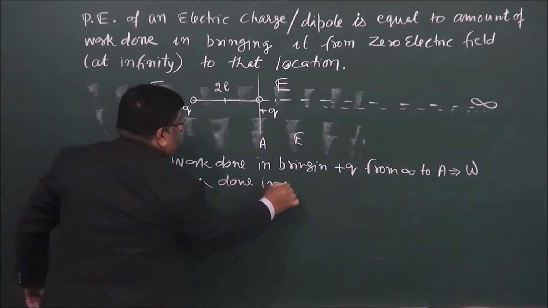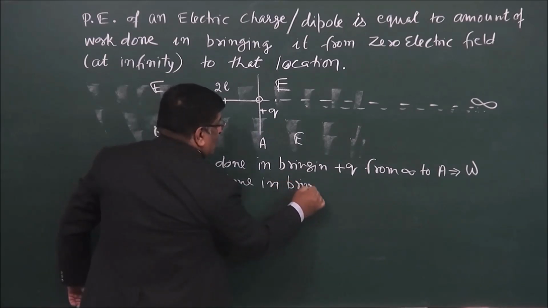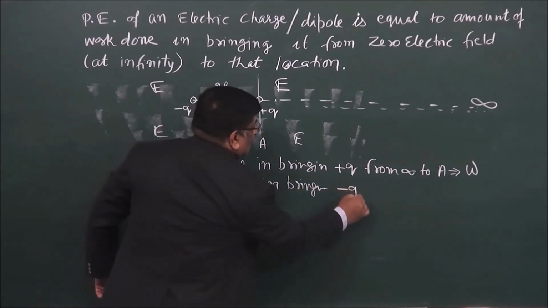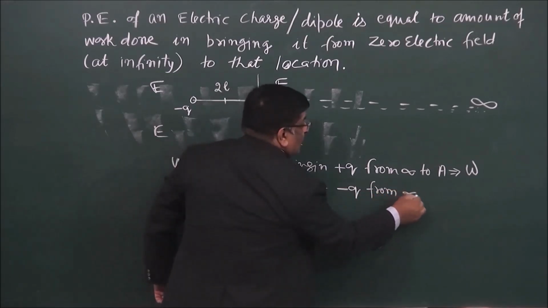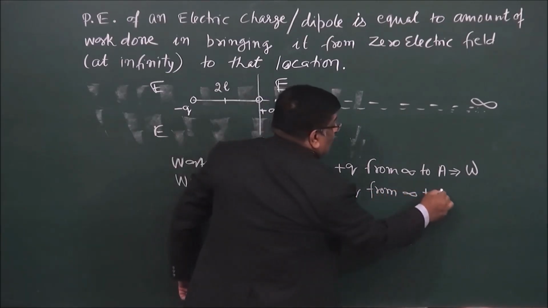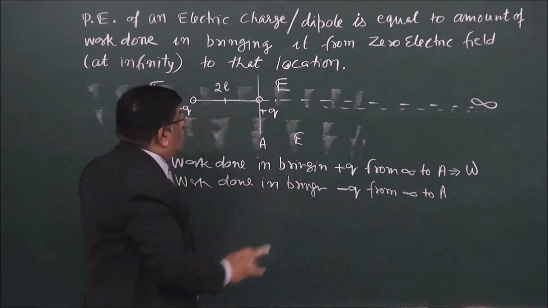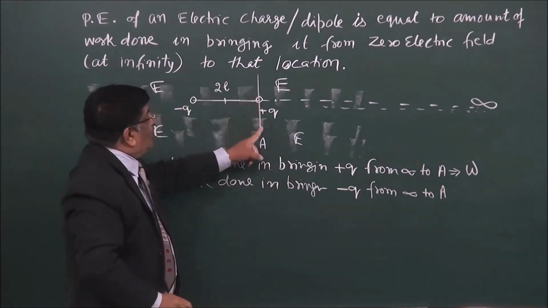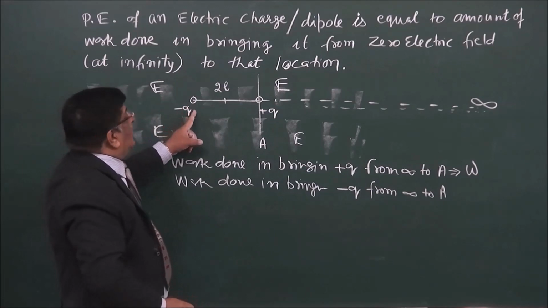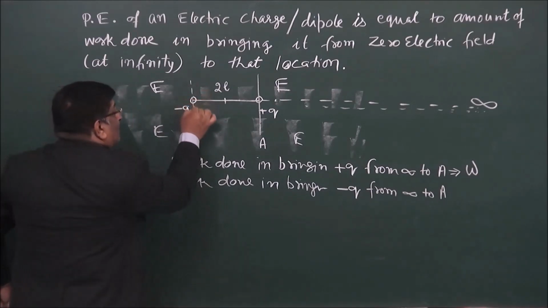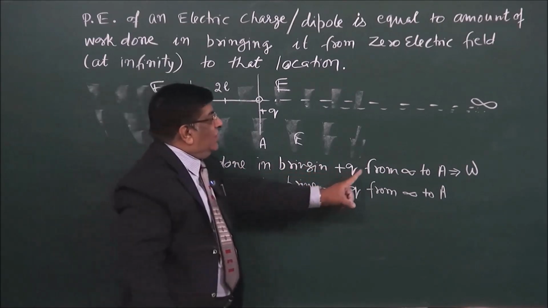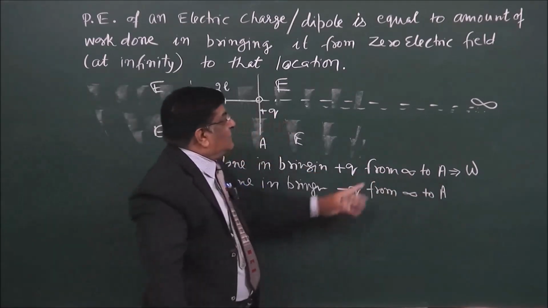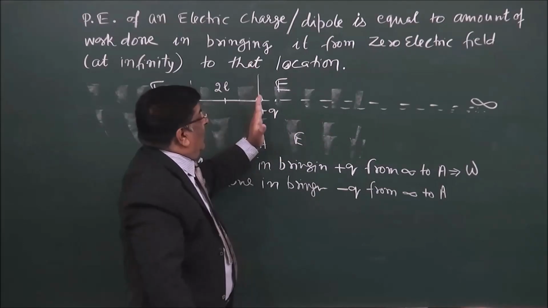Now, what is the work done in bringing minus Q from infinity to A, not to B, only up to A? First we calculate this, then we will calculate to location B. First we are calculating plus Q from infinity to A and minus Q from infinity to A only.